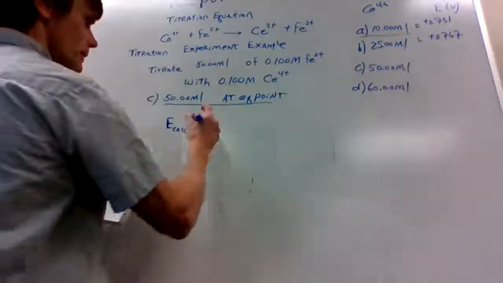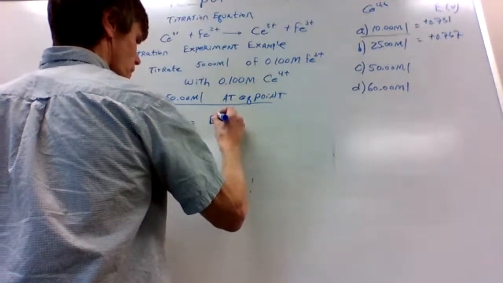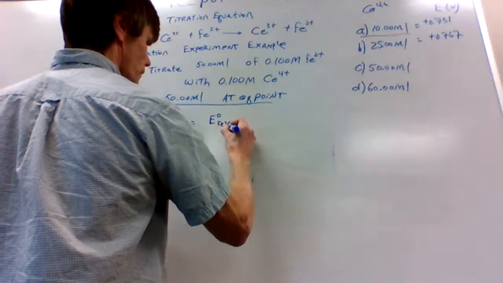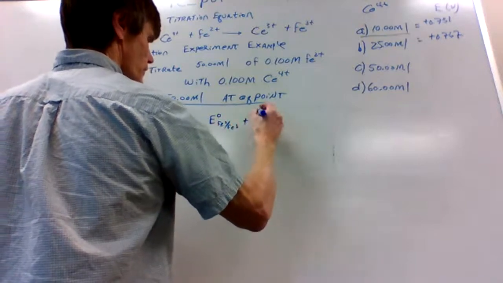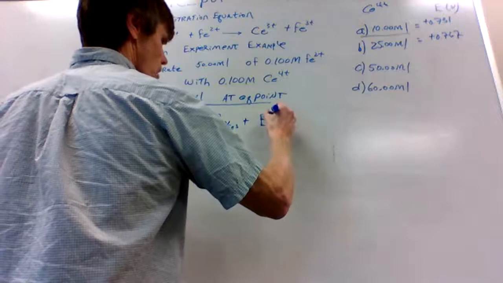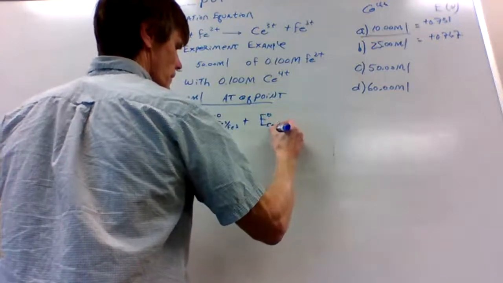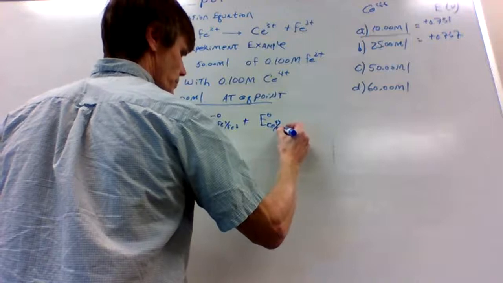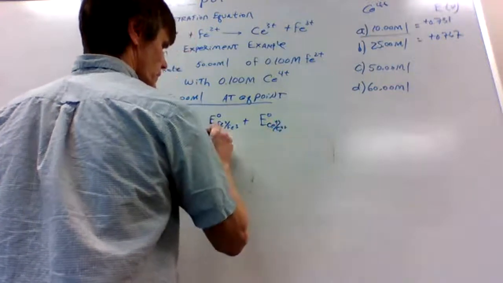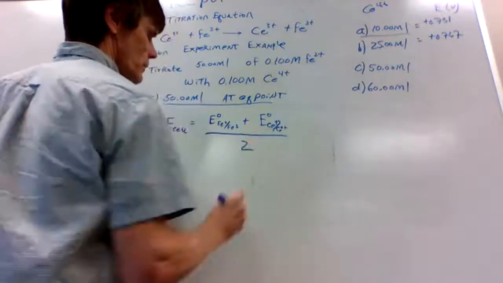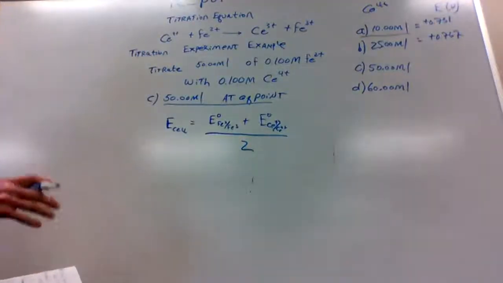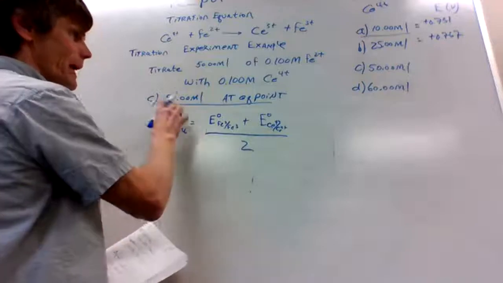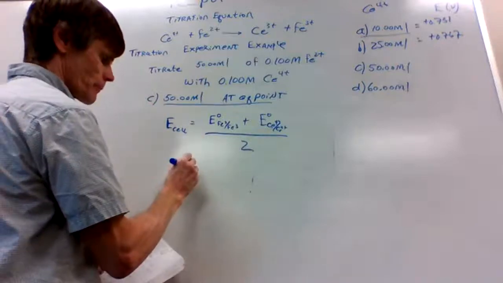is simply the E naught for our iron 2, iron 3, plus the E naught of the cerium, ceric 4, ceric 3 positive, divided by 2. So we can plug these in. These are simply the table values that we have at the equivalence point.